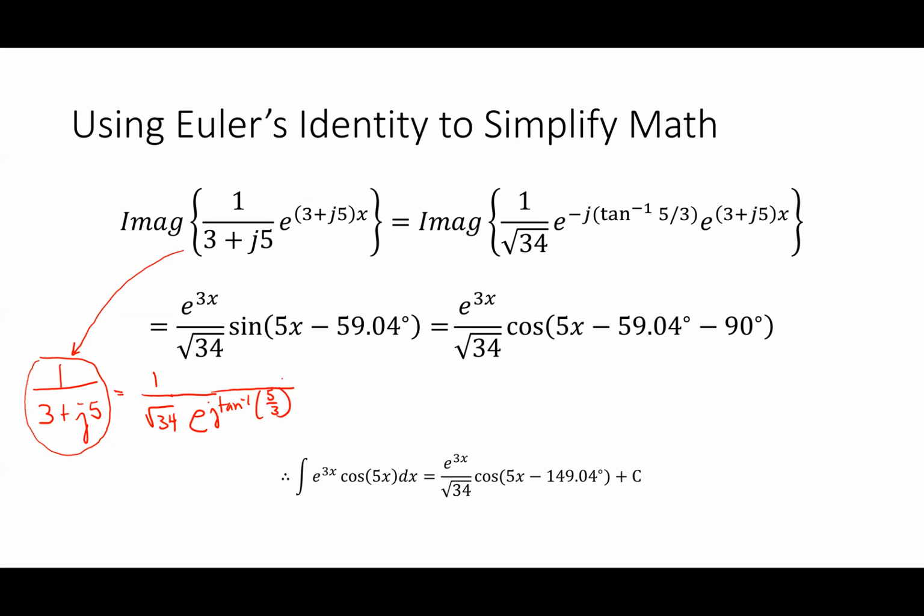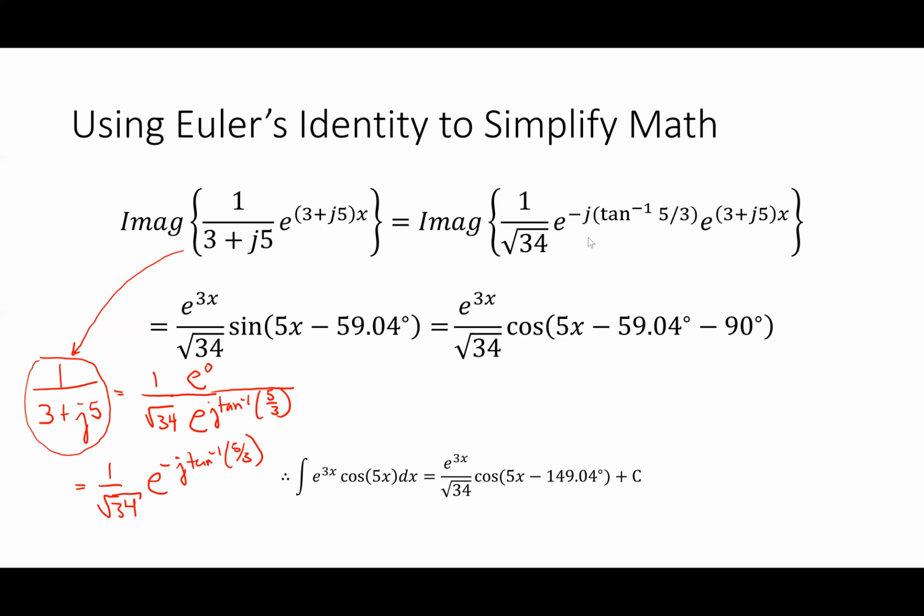To get that on top, we can make it a negative exponent, because on top, basically I got e to the 0. So e to the 0 divided by this gives me 1 over square root of 34 times e to the negative j tan inverse 5/3, like that. And so that's what I have right here. Now, why do I like that better?